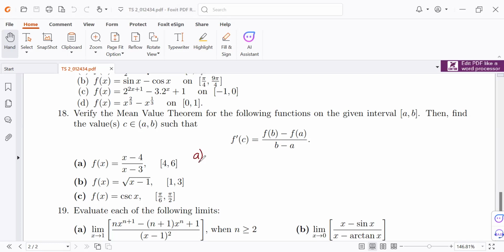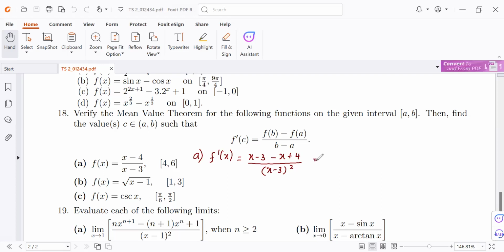So let's first differentiate it. F prime of x is going to be x minus 3 minus x plus 4, over x minus 3 squared. So here I've used the quotient rule.